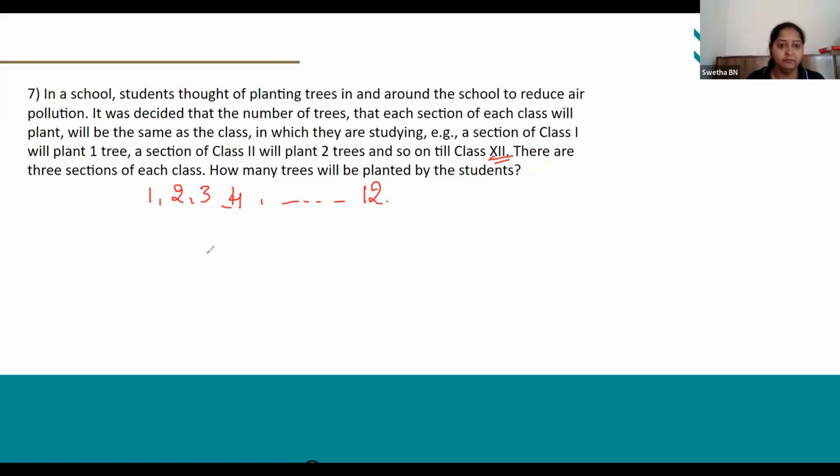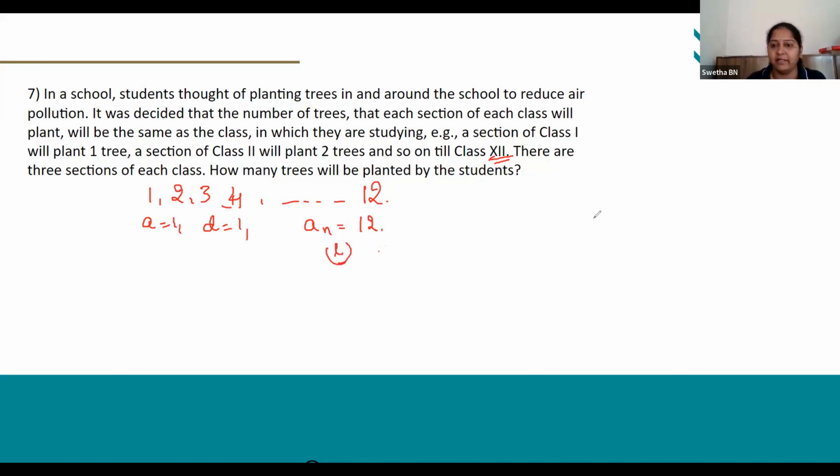So here we have A. A is equal to 1. What is D? D is also 1, right? 2 minus 1 is 1, 3 minus 2 is 1. Then what is 12? It is An, or you can say L. Right, children?